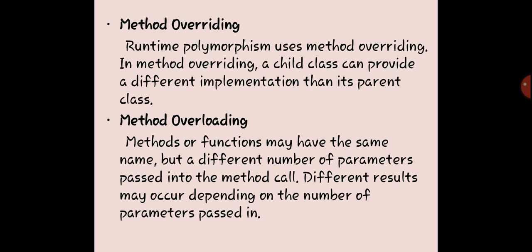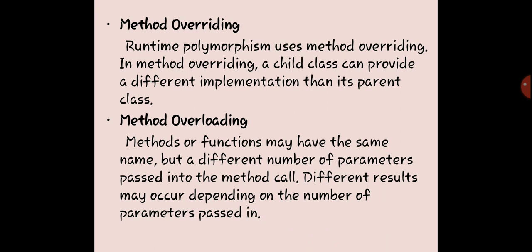Method overriding is, in inheritance, when the parent class and the child class have the same function with the same function name, when the method is executed at runtime, the child class method will be executed, not the parent class method. This means the child class method overrides the parent class method. This is called overriding.